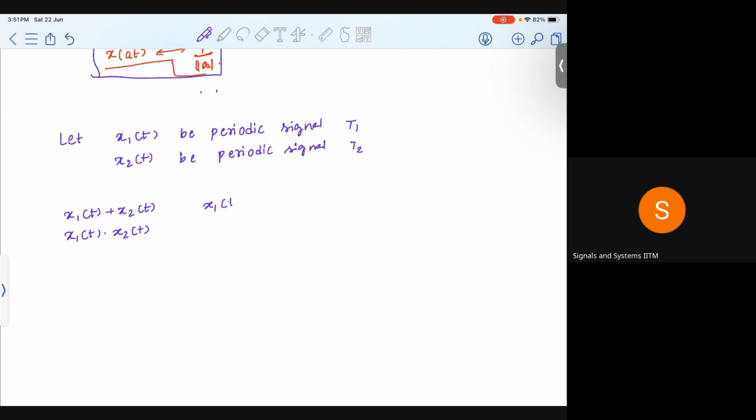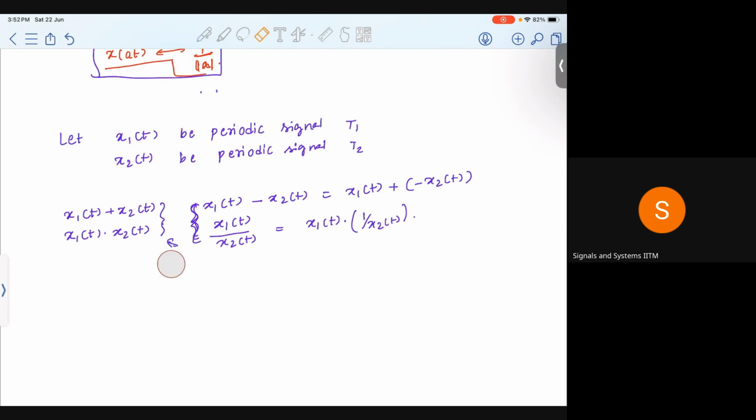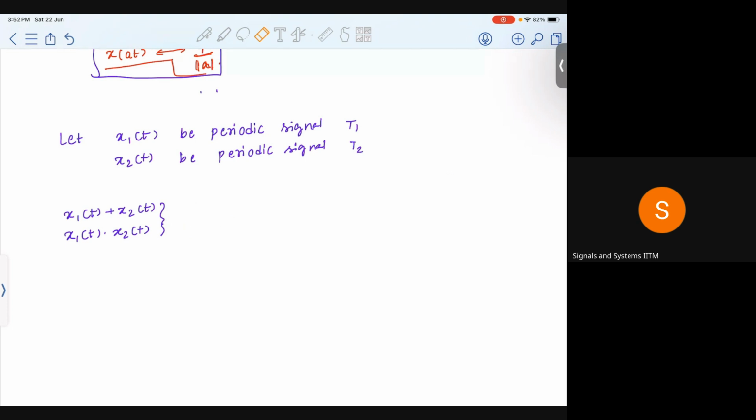I'm not writing x1 of t minus x2 of t and x1 of t divided by x2 of t because these two can be represented using these two manipulations. This is the same as x1 of t plus minus x2 of t, and this is the same as x1 of t multiplied by 1 by x2 of t, right? So these two operations can also be defined using these two operations.